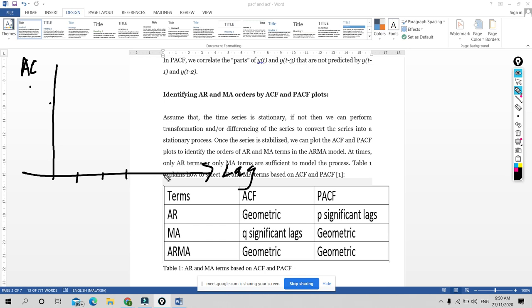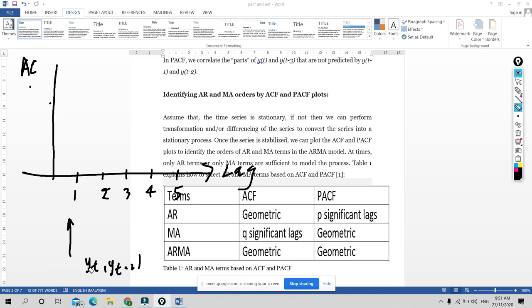For lag 1, this is a correlation between Y_t and Y_{t-1}. Let's say this is lag 2. Lag 2 here is the correlation between Y_t and Y_{t-2}. And let's say palang kat sini lah, katakan sini palang tinggi pula ni.